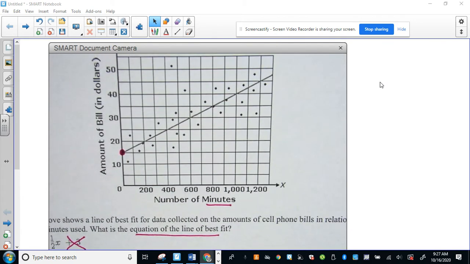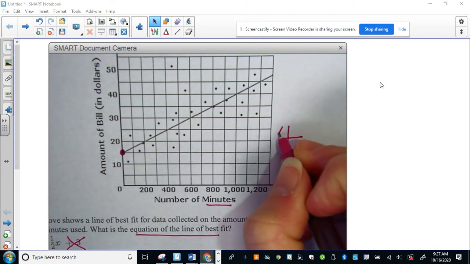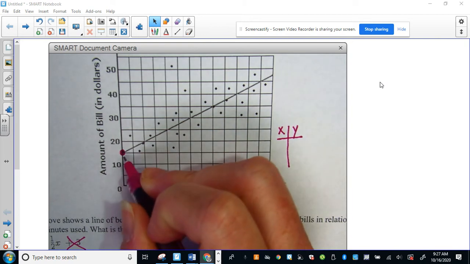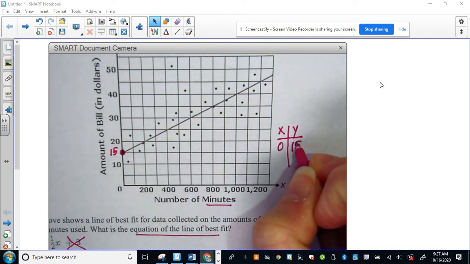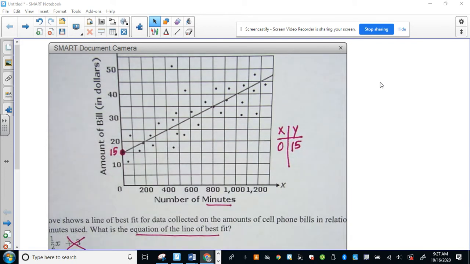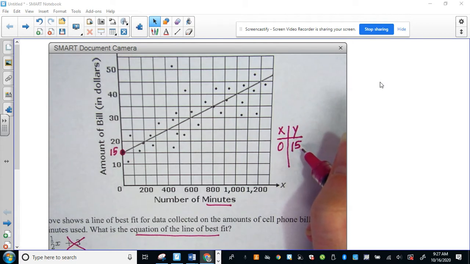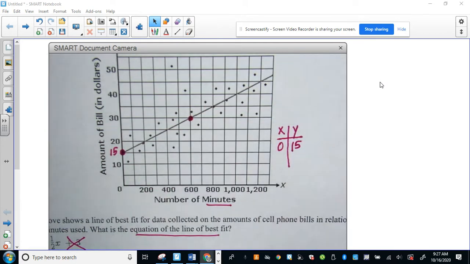So now let's pick 2 points on a crosshair. Looks like this one's a good one. If I go ahead and make my table, this point is on the line, obviously, at 0, 15. So that means if you don't talk at all, it costs $15 for the bill. So obviously that's your flat rate of $15. And then another point I'm going to pick is here.